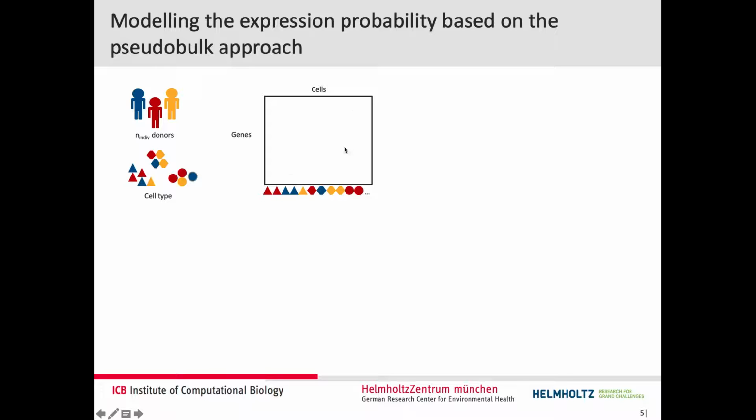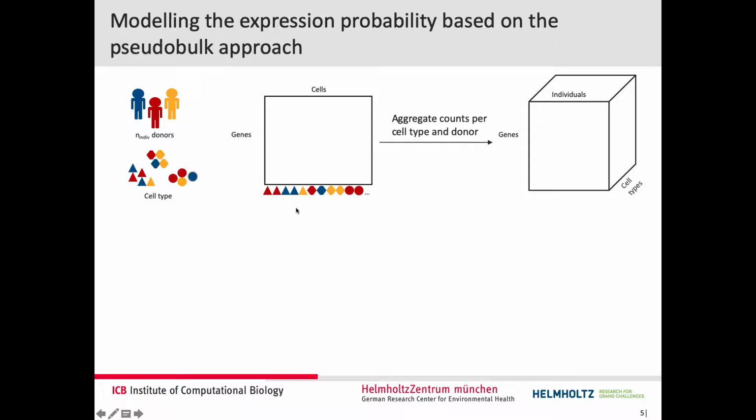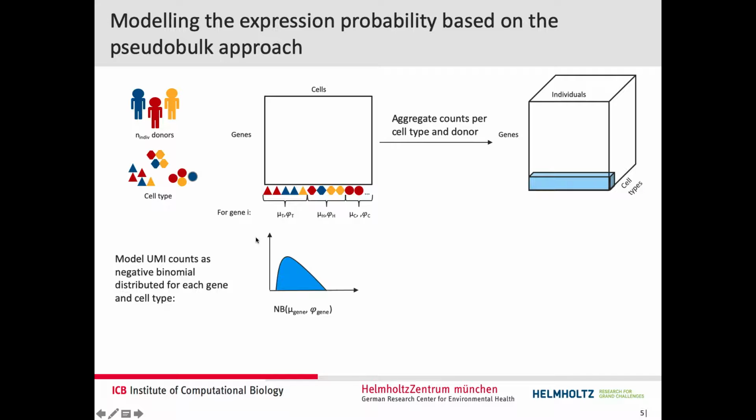We start with our count matrix of cells times genes, where each cell is annotated to a cell type and donor. And then by aggregating the counts per cell type and donor, we generate this three-dimensional pseudobulk matrix. If we want to estimate the expression probability of a certain gene in one cell type, we first go back to the single-cell count matrix.